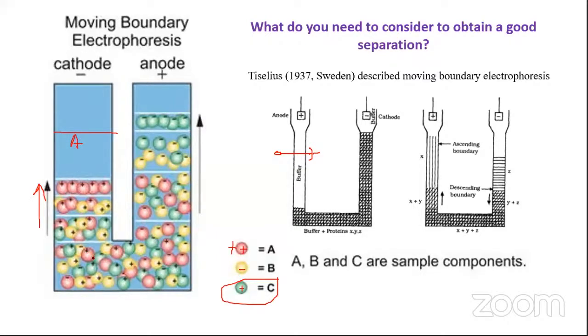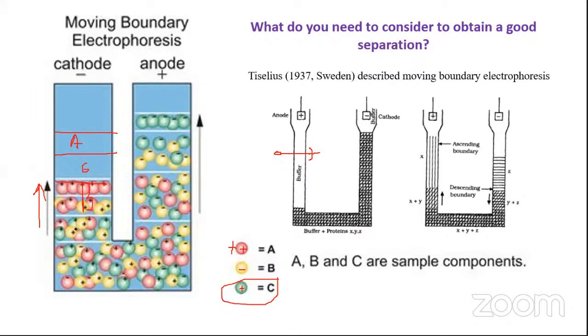The problem is you are never going to get complete resolution, in the sense you will never get the A followed by C followed by B situation. You will never get these three in three different zones. The reason is simple.